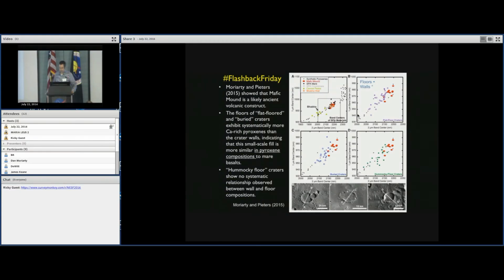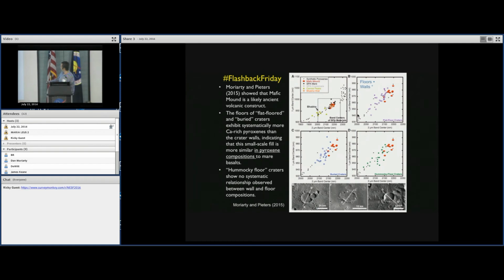He did some really clever work looking at the 2 micron and 1 micron band centers at a number of craters across the center of SPA, and showed that the mafic mound feature, which is a topographic positive feature, is not related to an impact cratering process, but is indeed a volcanic construct.